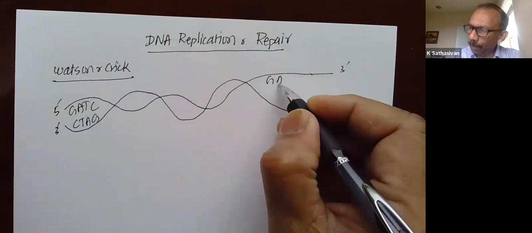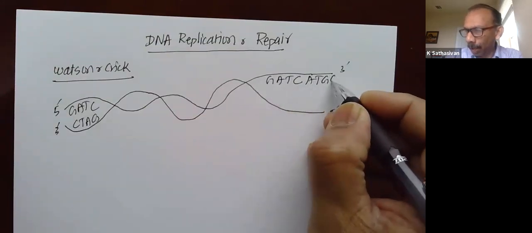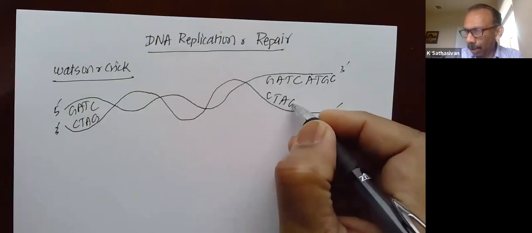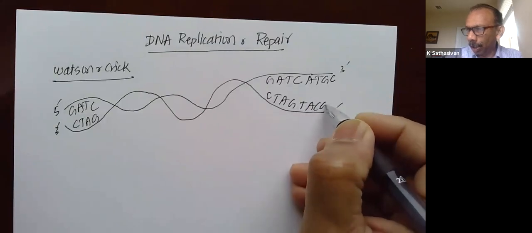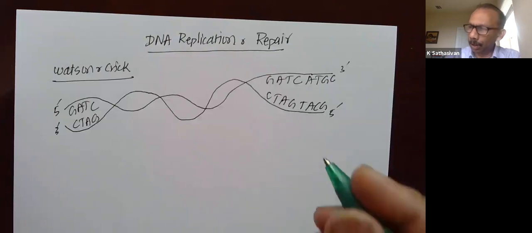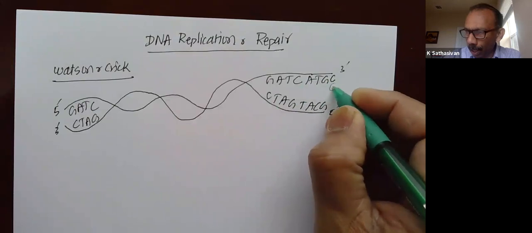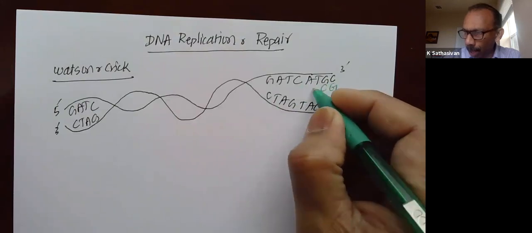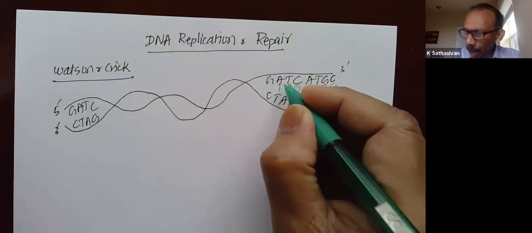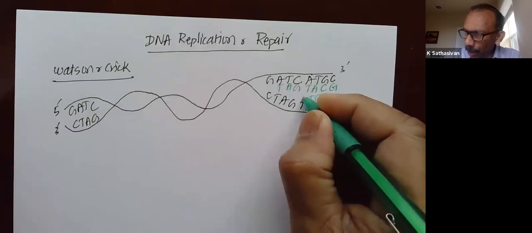If you have a sequence like this at the end, it is going to use this, CTAGTACG, as a template as the basis to replicate the new DNA. I'm marking that in a different color. So that is how they proposed this is how the DNA replication is going to happen.